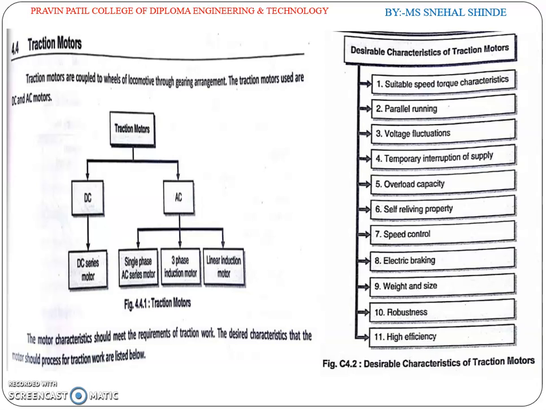The torque required at start, or tractive effort required at start, is high or maximum. During the constant speed coasting, the tractive effort required is not high because kinetic energy is developed, and the tractive effort required is for overcoming the track resistance and gravity component.